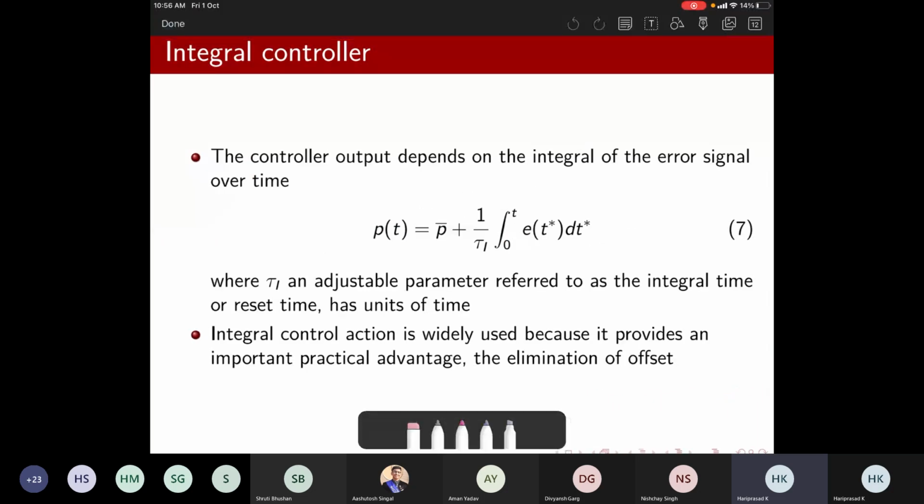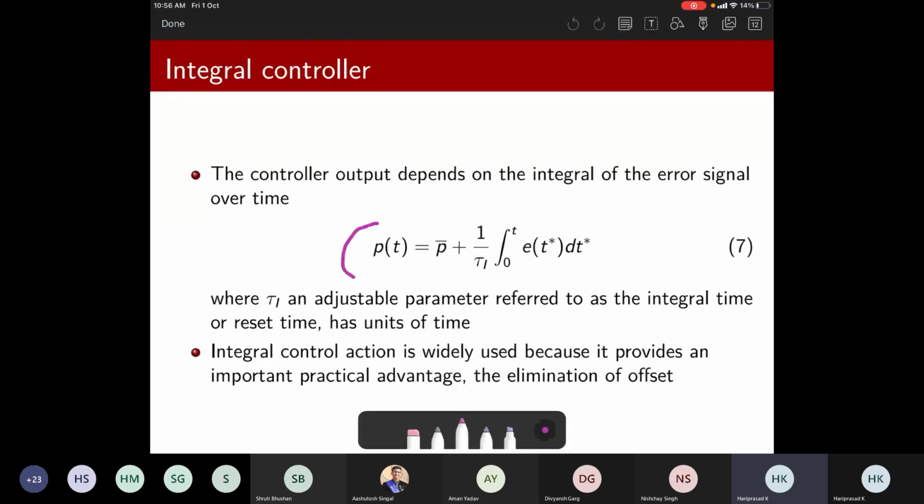So you would bring in the notion of the integral controller. The integral controller is using the integral action. So here you would have a bias term as natural.